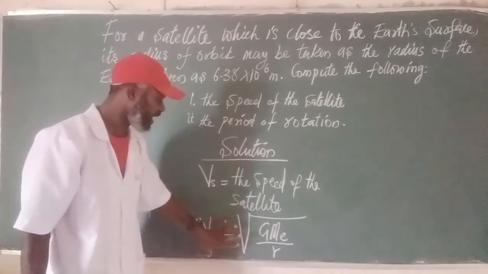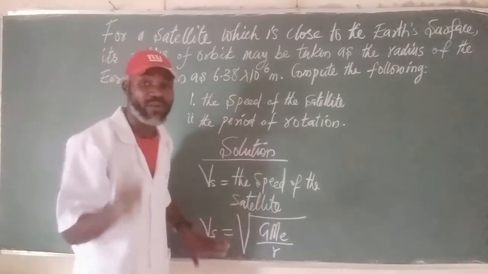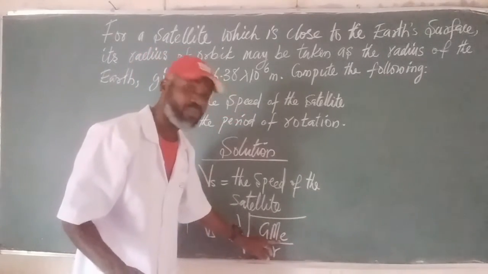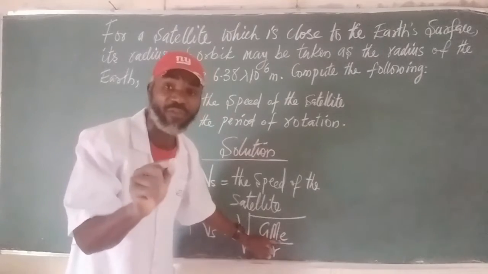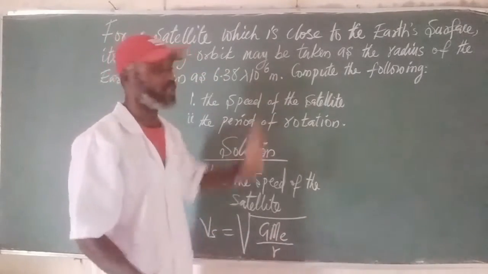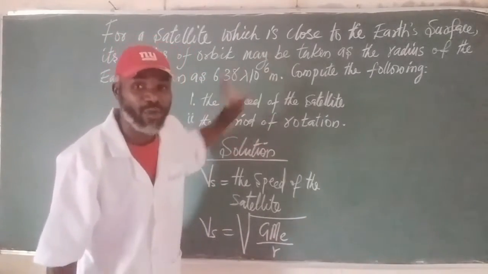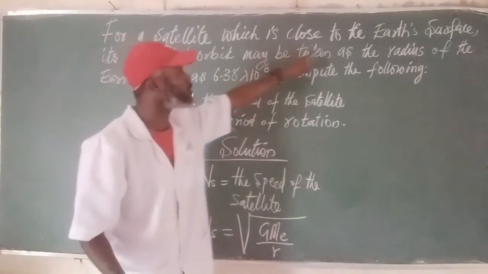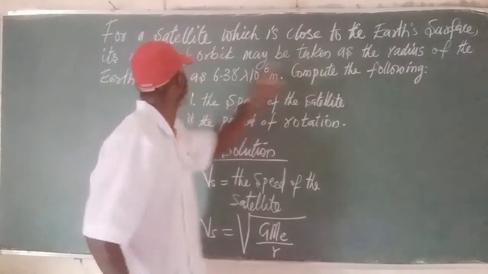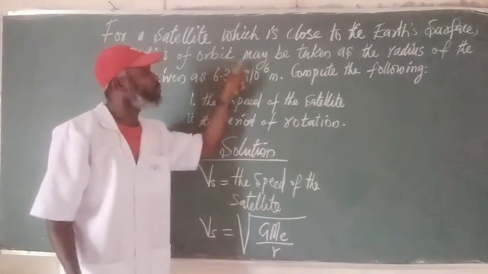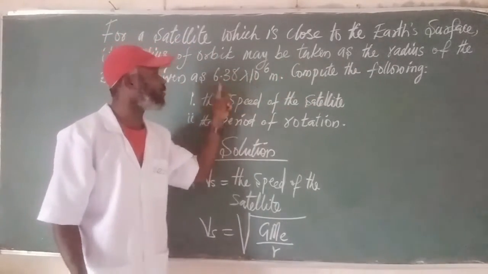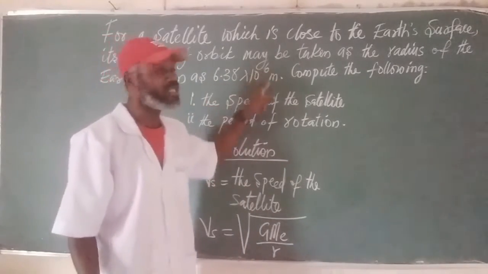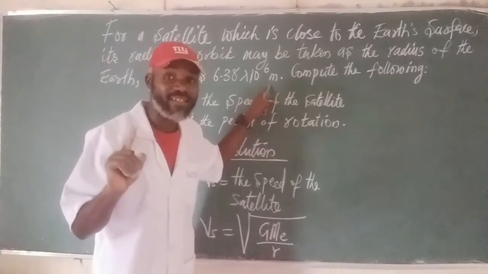With this, we can now calculate the speed of the satellite. But there is something here we must take note of as well. Me represents the mass of the Earth, but it's not given in the question. So let's look at the question once again. For a satellite which is close to the Earth's surface, its radius of orbit may be taken as the radius of the Earth, given as 6.38 times 10 raised to the power 6 meters, as I earlier stated.